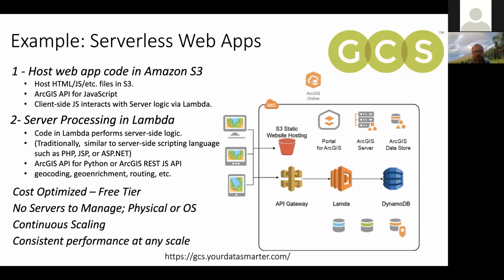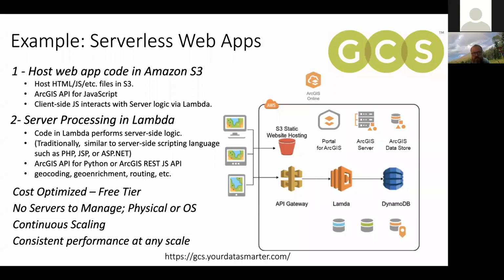So a couple examples of doing this with Lambda. Number one is you can host a website in AWS without a server, and it's literally pretty much free for the most part. It's very cheap. So you can host your files, your HTML files, your JavaScript, images, all your files in something called S3, which is object storage.